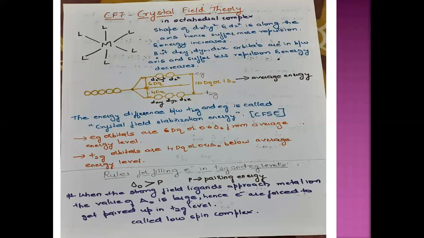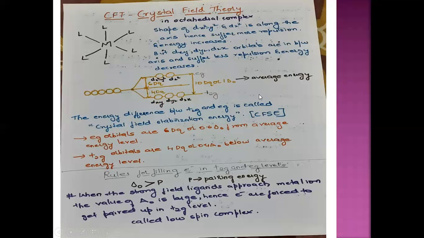If you see the diagram, I have written that the difference between the average energy level and the Eg level is more compared to that of the average energy and the T2g level. Why? Because this is dx square minus y square and dz square, which observes the highest repulsion. That's why the difference in energy between the average energy level and the Eg level is more compared to that of the T2g level and average energy level.